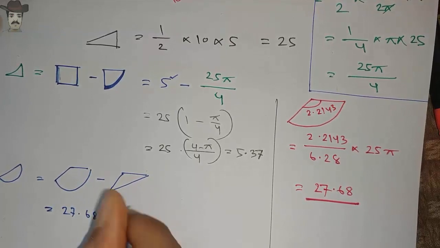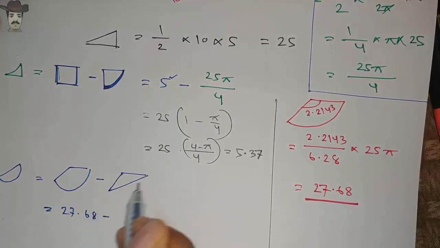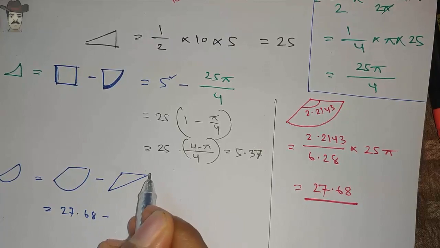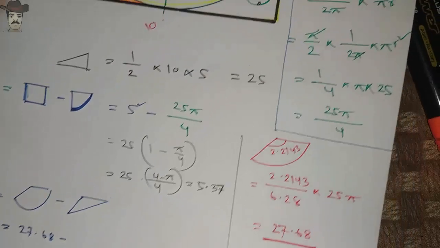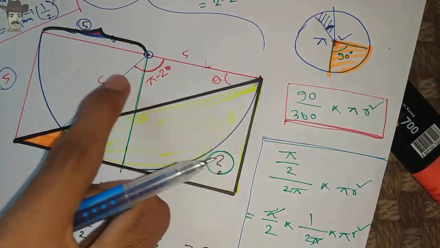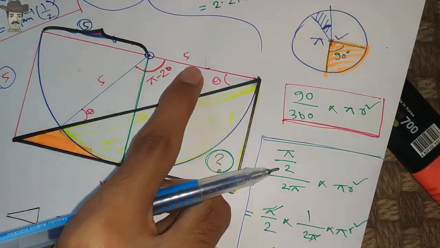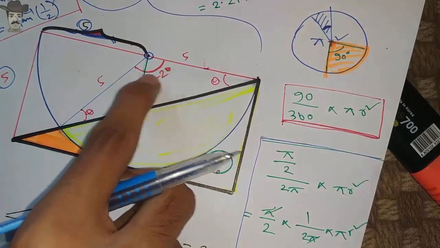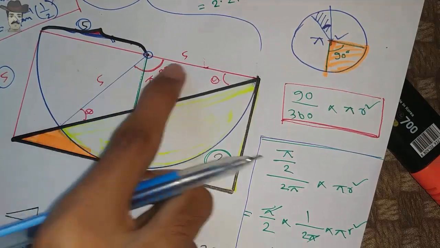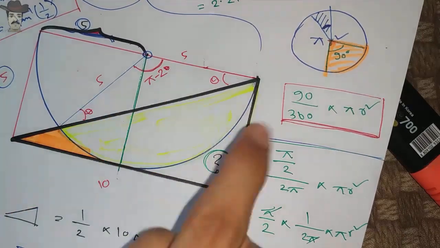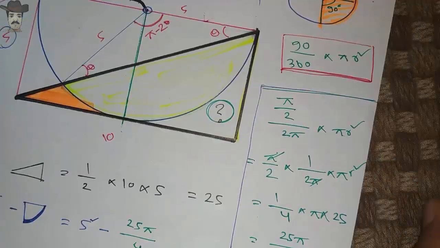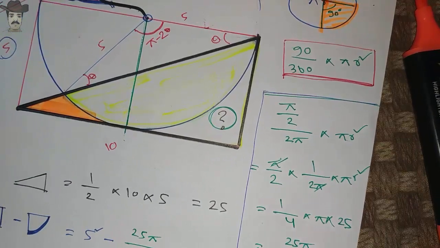Now the area of this triangle is half into 5 into 5 into the sine of the angle between these two sides. We've already seen how we derive that formula.